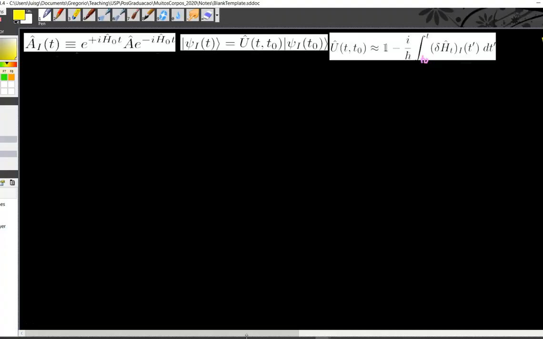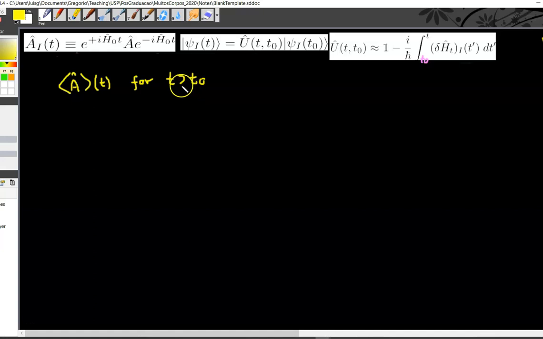Okay, so we're at the blackboard now. So let's first define what we want to calculate, okay? So we'd like to calculate this quantity, expected value of a quantity, function of time, for t larger than t0, where at t0 we have the interaction turned on.